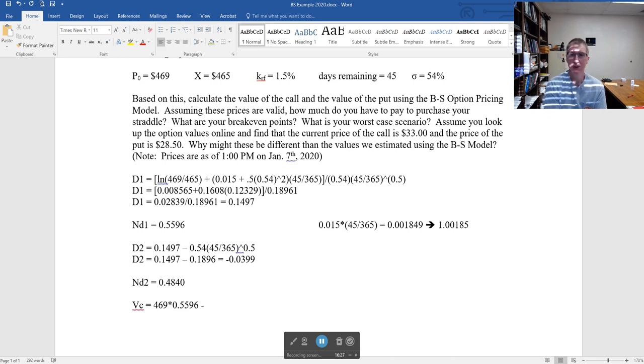Now what I like to do, just to avoid some rounding error, is I put that in my memory key and then take the strike price, that $465, divided by this value here.